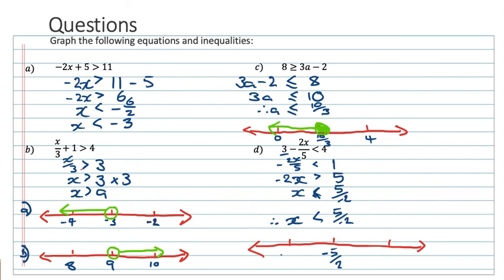So let's say negative 3 and negative 2. Drawing the open circle, and it's going to the left. x is less than 5 over negative 2. Thus, we have solved these linear inequalities and we have graphed them.